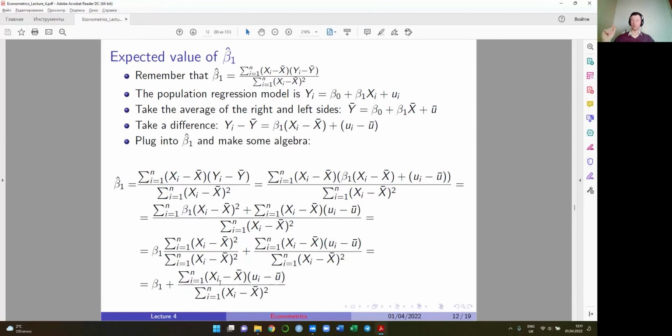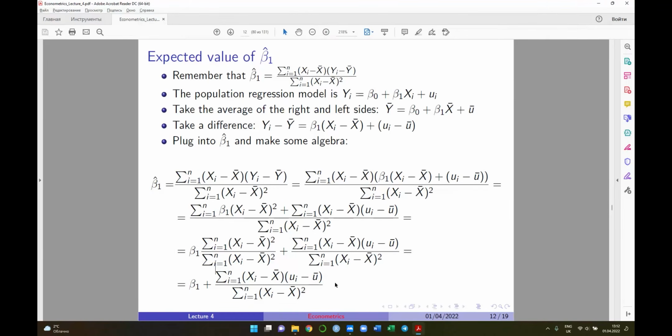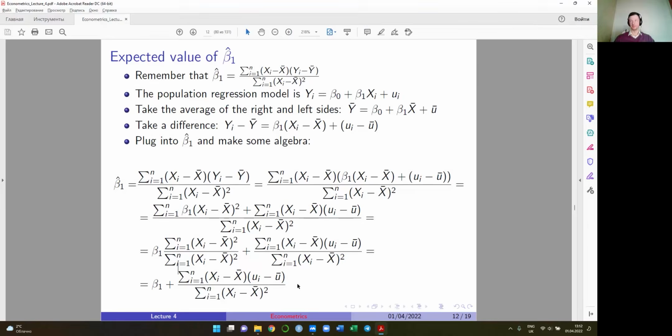By the way, do you remember? If two variables are not related to each other, if they are independent of each other, how much is the covariance? 0. It's 0.